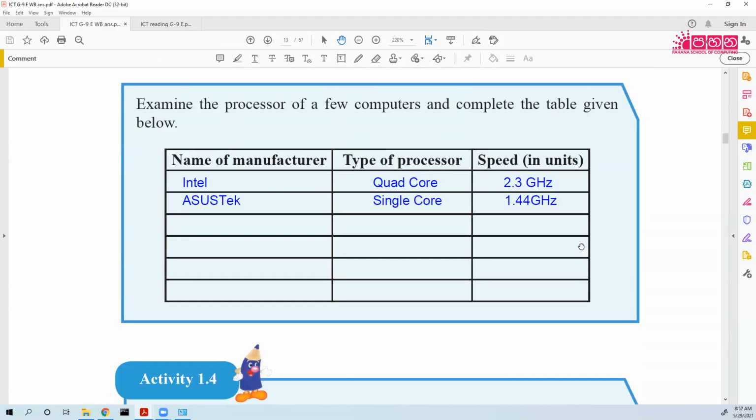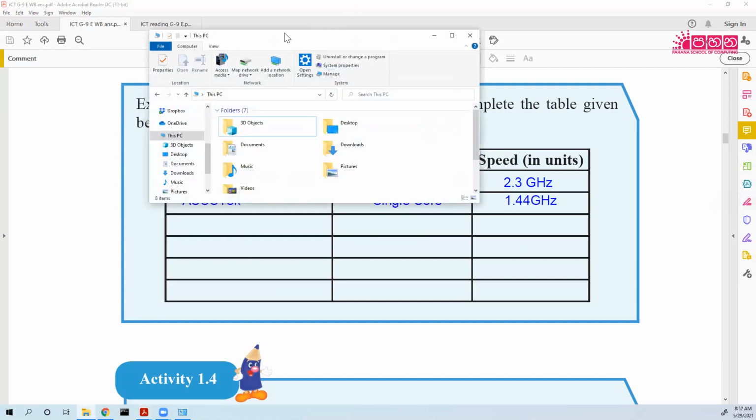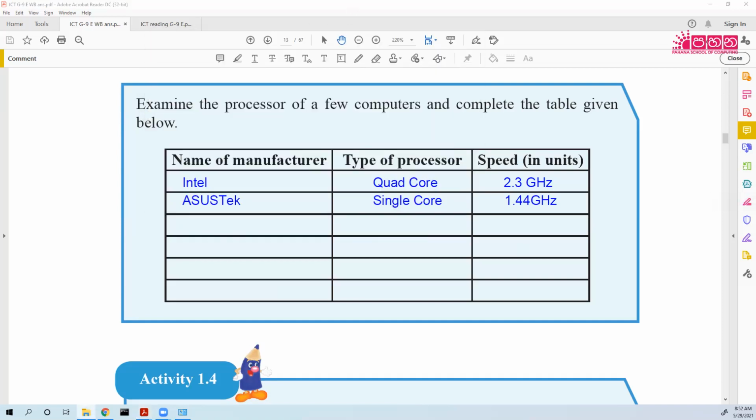Okay. Now, before we move on, this is what we filled last time. Along with this, I will show you a couple of examples, and then I want you to identify three things, type them in the chat and send them to me. Identify the name of the manufacturer, the type of processor, and the speed of the processor.